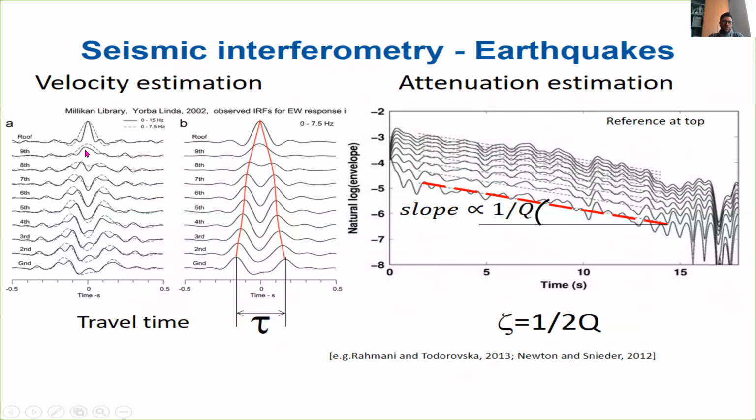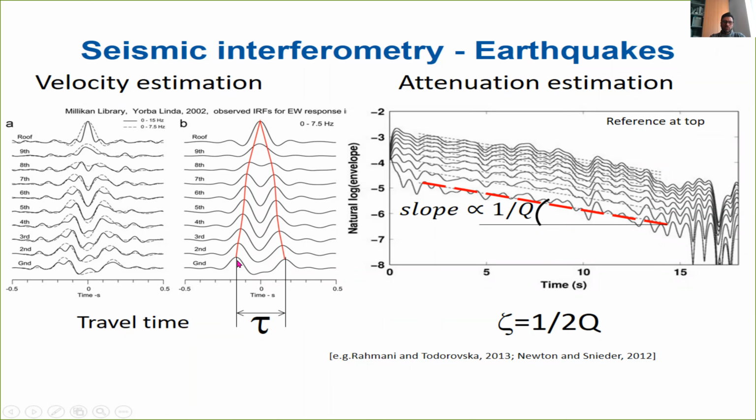Since you have also this clean function, here, for example, you see to the left the one calculated with respect to the top of a building. You can filter them also in a different frequency band if you want to see some details for these frequencies.